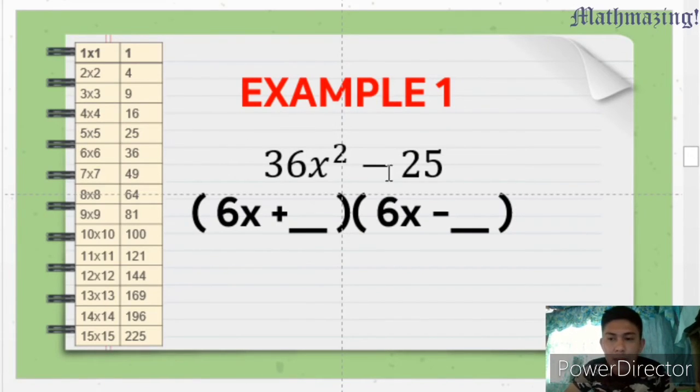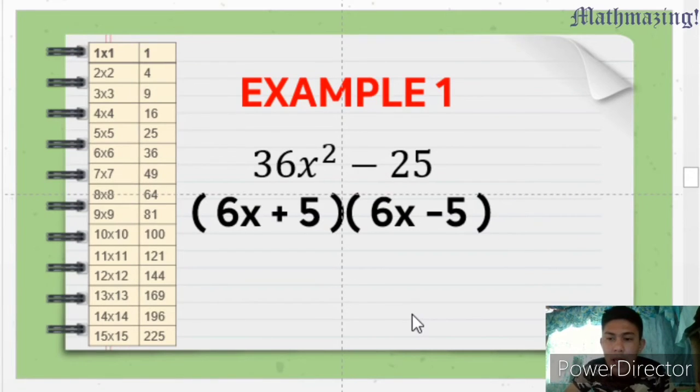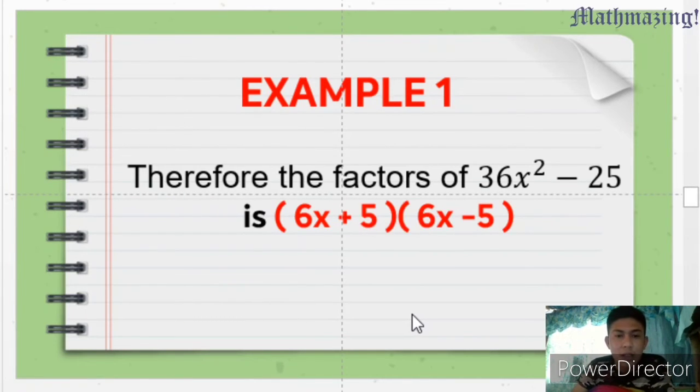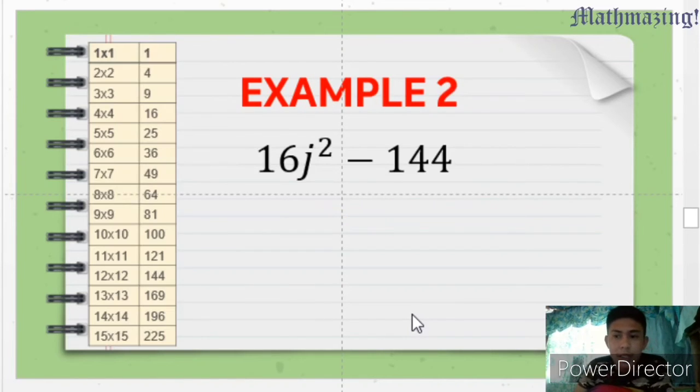So that is 5. So we have to put 5 in the blanks. So ito yung mangyari. Ayan. So we have 6x plus 5 times 6x minus 5. So therefore, the factors of 36x squared minus 25 is the quantity of 6x plus 5 times the quantity of 6x minus 5.